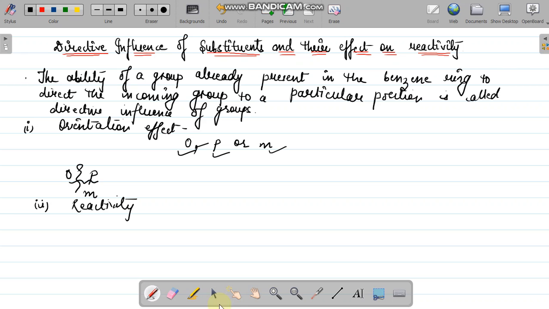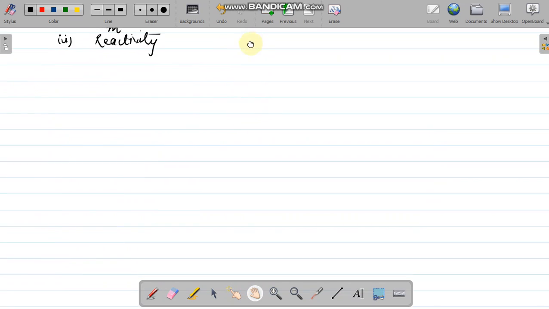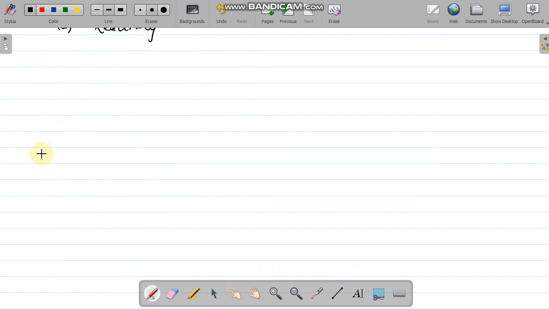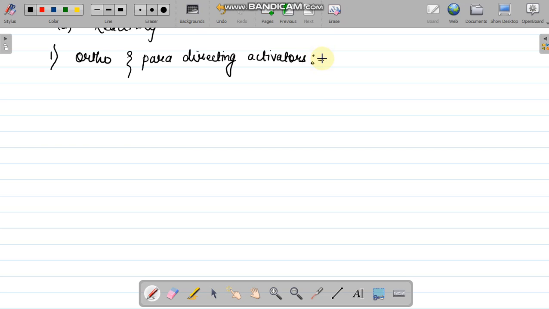On the basis of the substituents, we classify them into three groups. The first group is ortho and para directing activators.